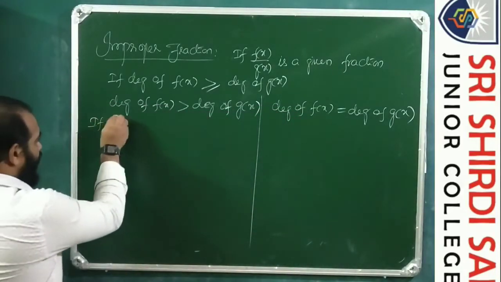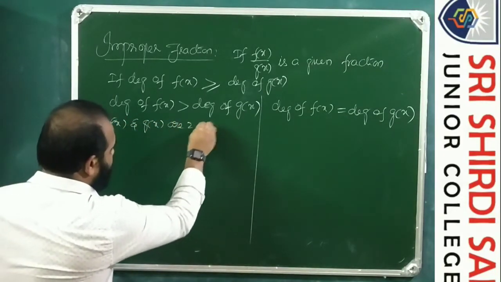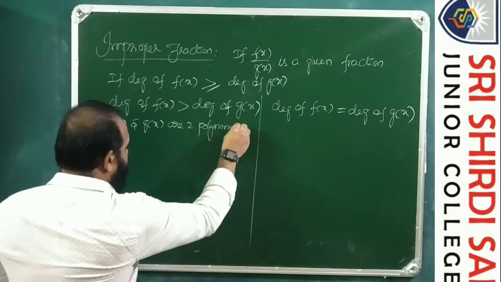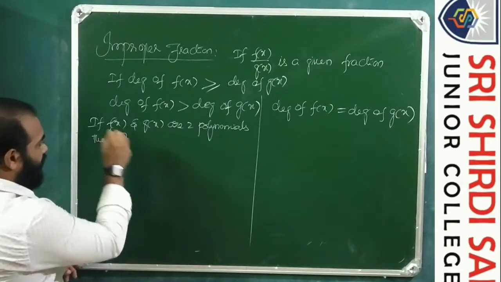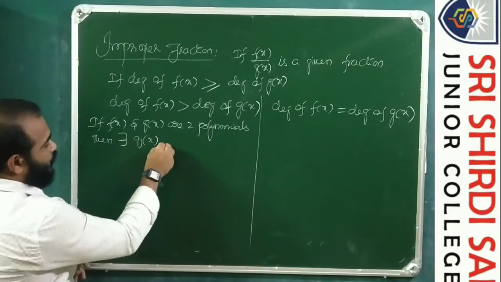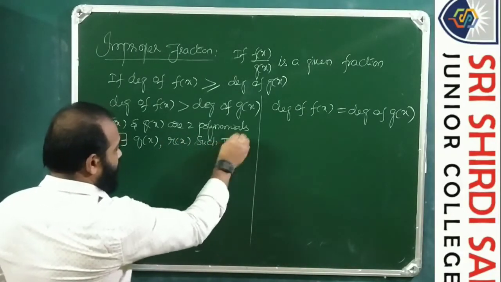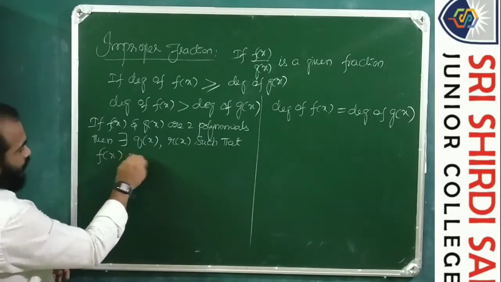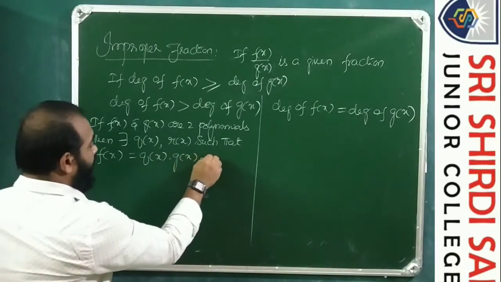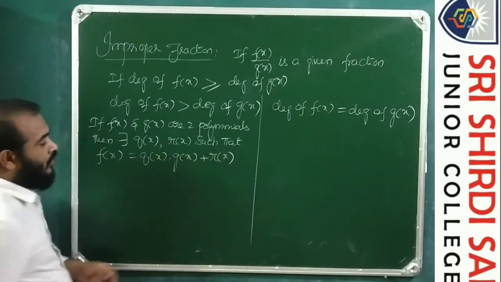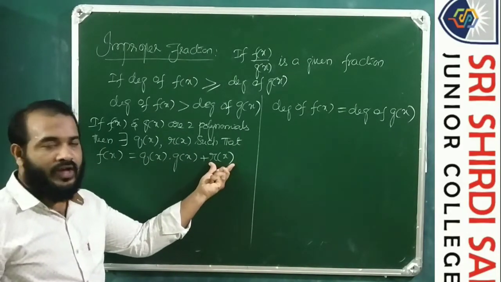If f of x and g of x are two polynomials, then there exist two polynomials q of x and r of x such that f of x is equal to q of x into g of x plus r of x, where q of x is the quotient polynomial and r of x is the remainder polynomial.